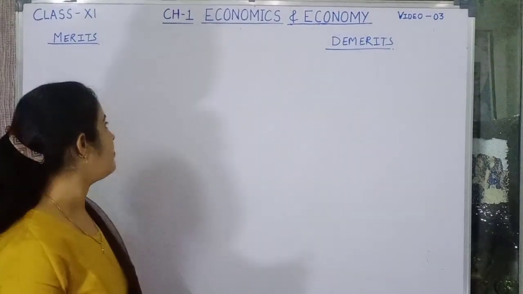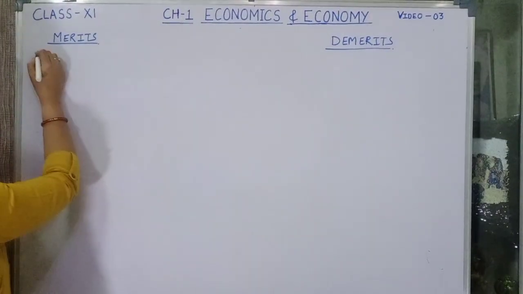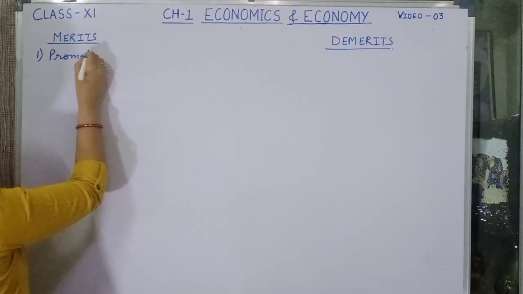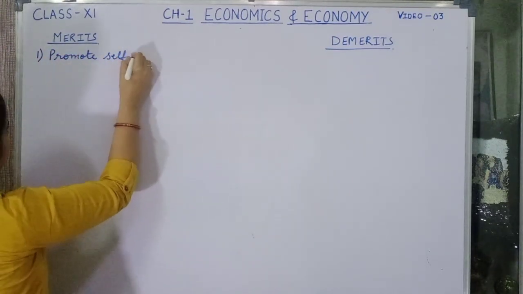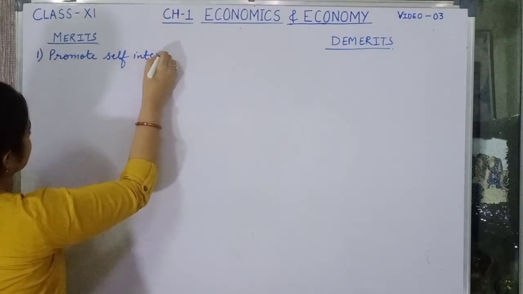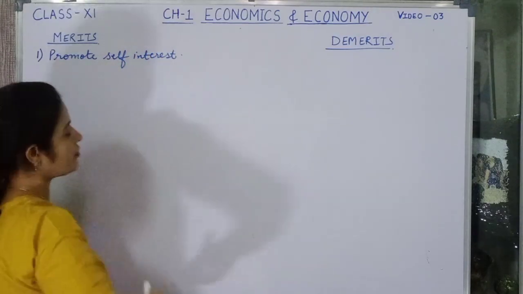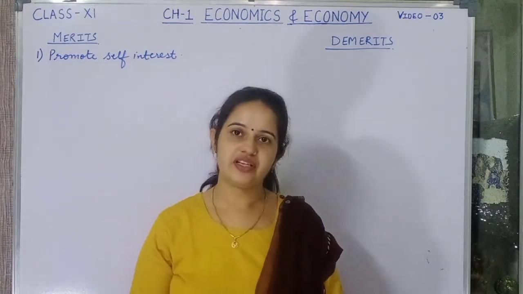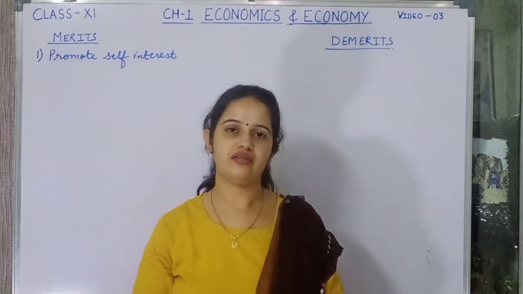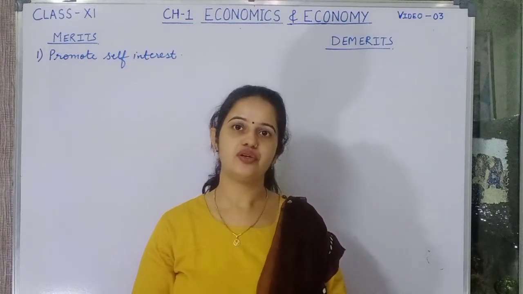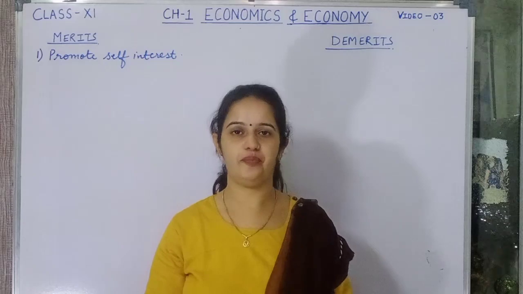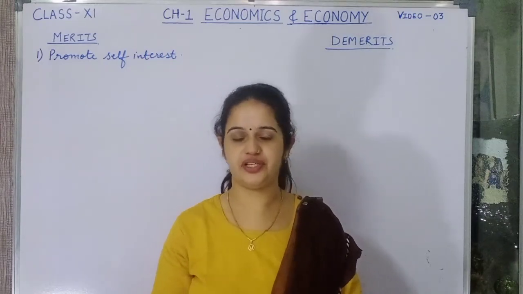We talk about the merits, and the first merit is promote self-interest. It increases the self-interest. Suppose you are the private individual, so you are the one who is taking decisions for your own business or own institution.